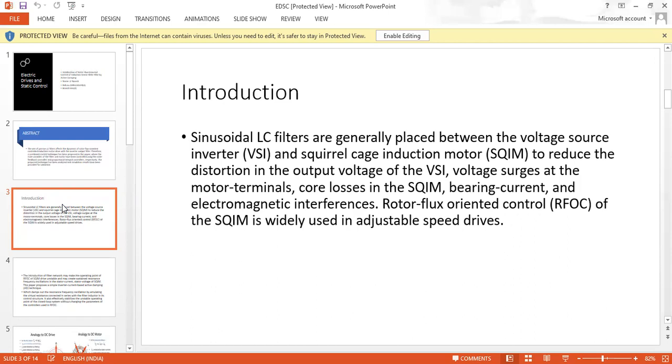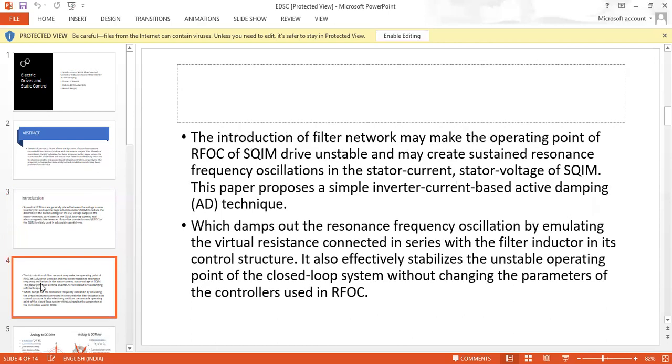Rotor flux oriented control of the SQIM is widely used in adjustable speed drives. The introduction of the filter network may make the operating point of the RFOC of SQIM drive unstable and may create sustained resonance frequency oscillations in the stator voltage of SQIM.